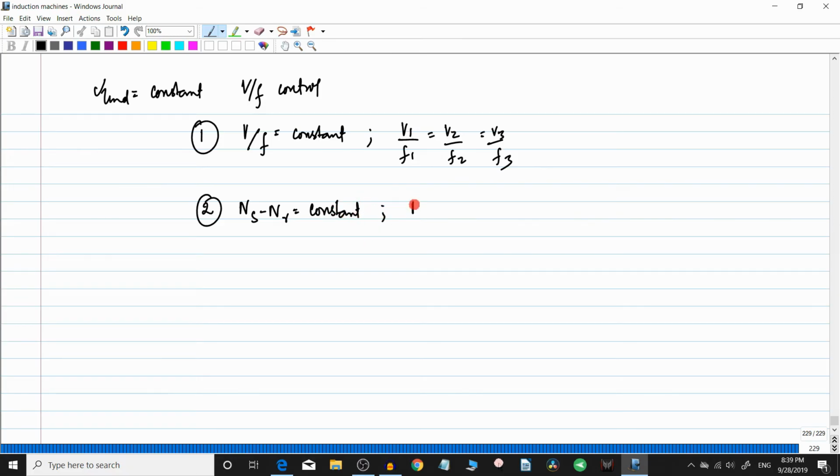That means Ns1 minus Nr1 will be equal to Ns2 minus Nr2 is equal to Ns3 minus Nr3. Okay, so this is the first frequency, second frequency, third frequency, first voltage, second voltage, and third voltage. First synchronous speed, first rotor speed, second synchronous speed, second rotor speed, third synchronous speed, and the third rotor speed.